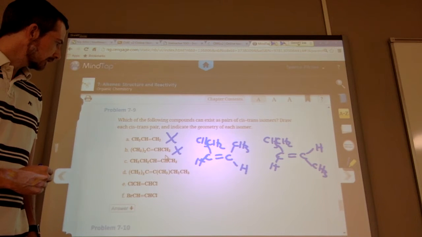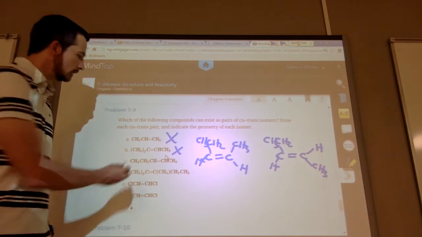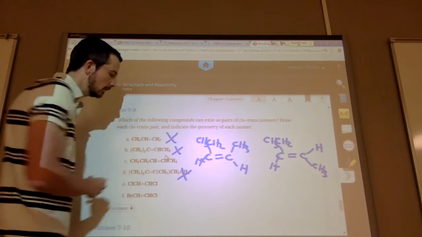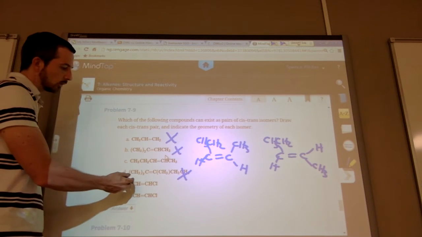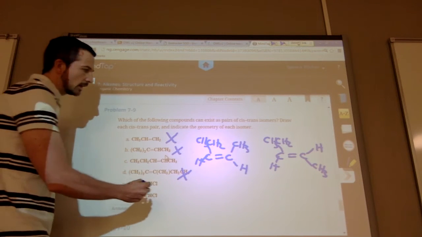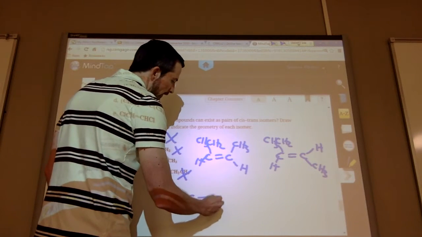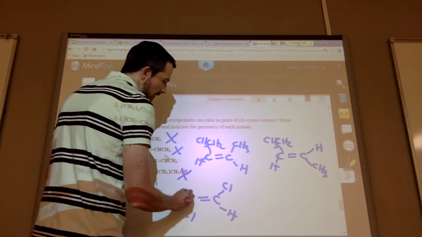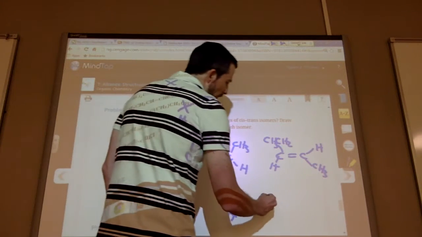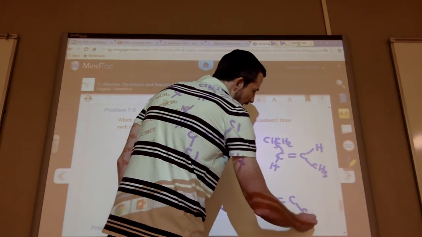Look at D, two methyl groups on this side, no cis-trans possible. E and F are going to be very similar. They have chlorine and hydrogen, so that one can't have cis and trans. So the two chlorines could be on opposite sides, or they could be on the same side.